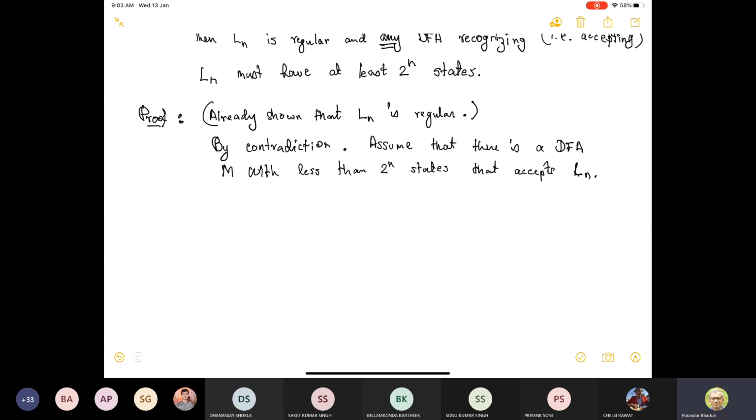Then we know that the number of strings of length n is 2 to the power n, and therefore there must be 2 distinct strings.